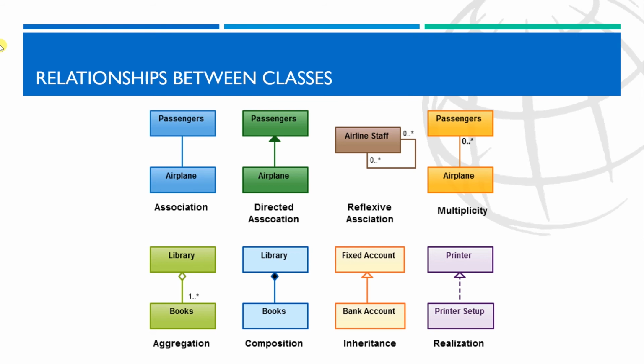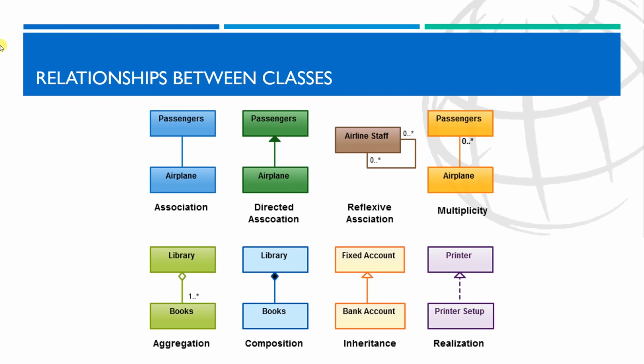If used correctly, UML precisely describes how code should be implemented from diagrams, and a class may be involved in one or more relationships with other classes, and a relation can be one of the following types: association, directed association, reflexive association, multiplicity, aggregation, composition, inheritance, and realization.